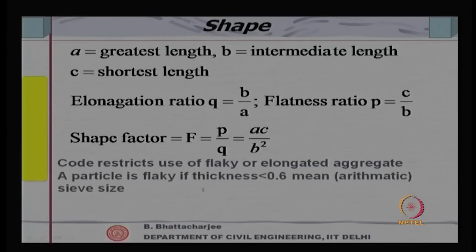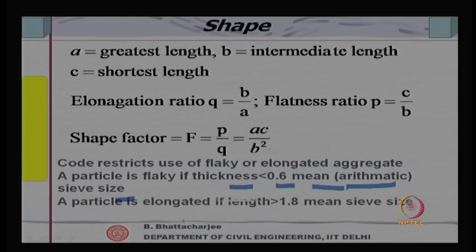A particle is flaky if its thickness is less than 0.6 of its mean sieve size, the mean being calculated on the basis of the arithmetic sieve sizes. If it is less than 0.6 of the mean sieve size, then you call it flaky.